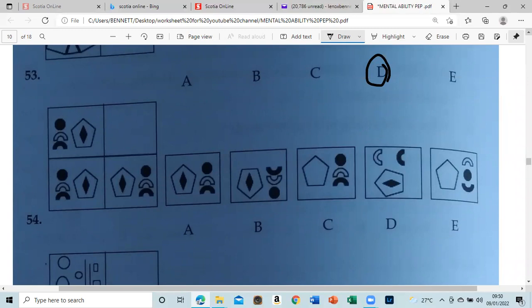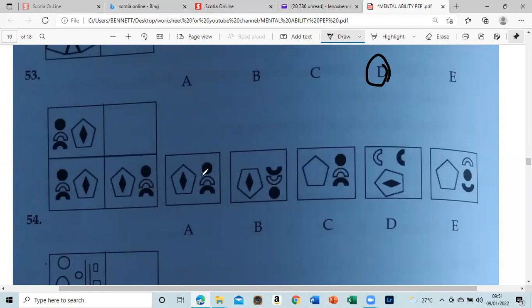Alright, let's just look at the pattern now. So we have the circle, the black hole at the top. We have the curve, we have the dark one, and we have this inside. So we need not look any further. And it must be on the right hand side. See here, it's on the right hand.